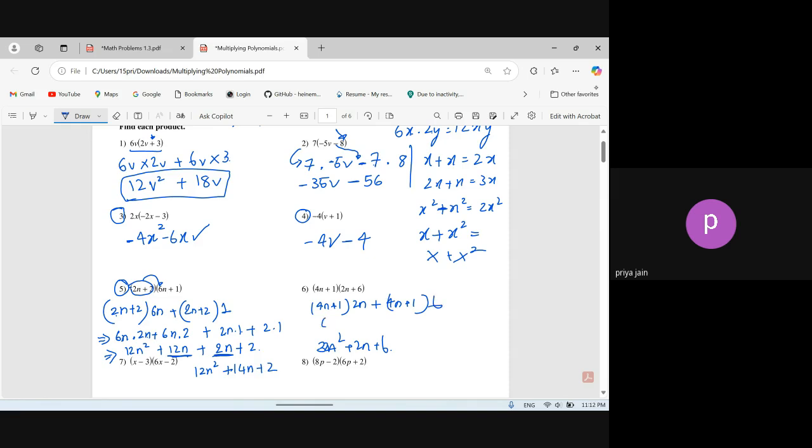So we'll have 8n squared plus 2n plus 24n plus 6.